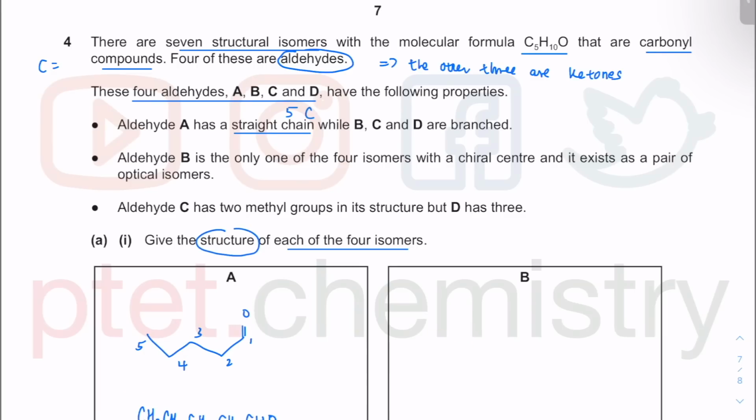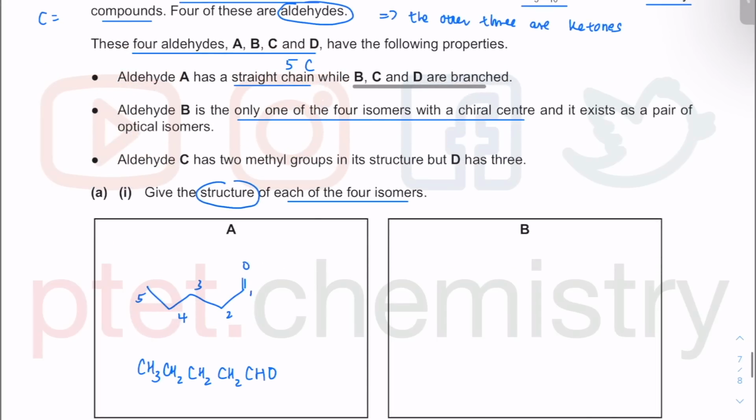So the molecular formula of these structural isomers will be the same, but they have different structures. Now, B, C, and D are branched isomers, but aldehyde B is the only one that has a chiral center, and therefore you have optical isomers that rotate plane polarized light in opposite directions. They are mirror images of each other. You cannot superimpose them on each other.